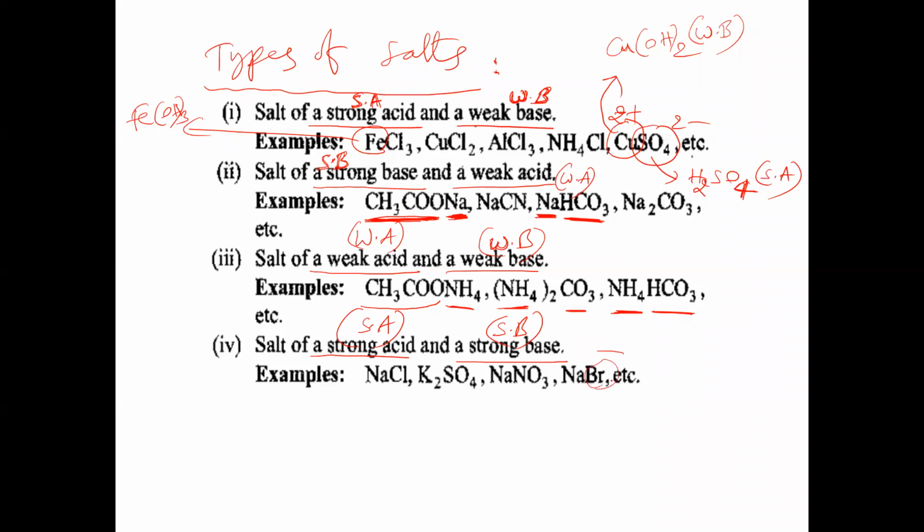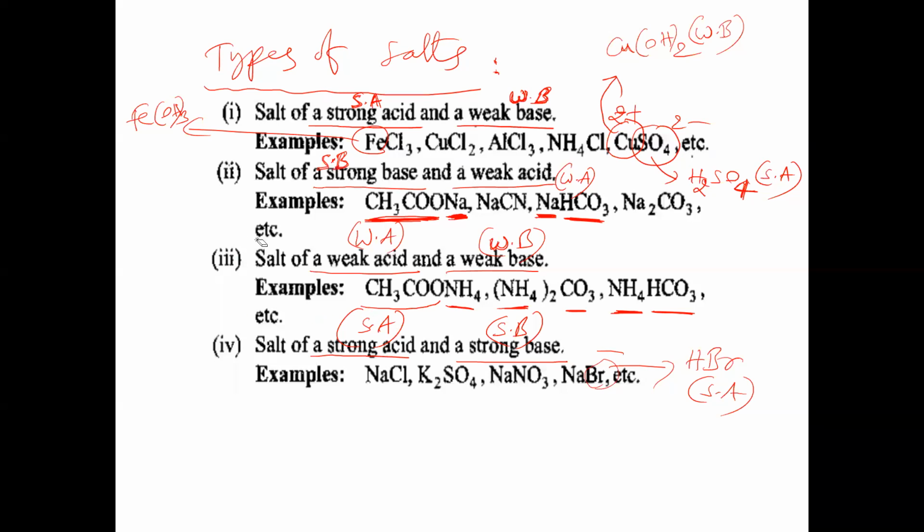HBr is a strong acid, remember. We know the strong acids HI, HBr, HCl, all are strong acids. So like this, salts of strong acids and strong bases. This way we have to understand the concept of different types of salts.